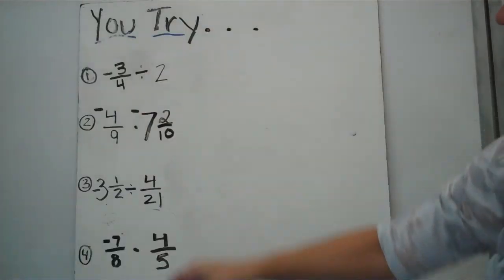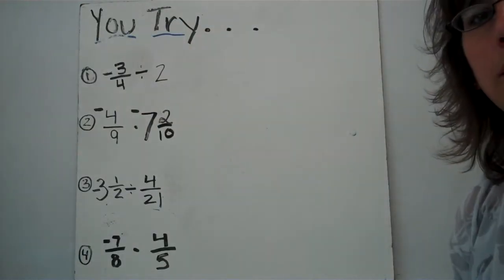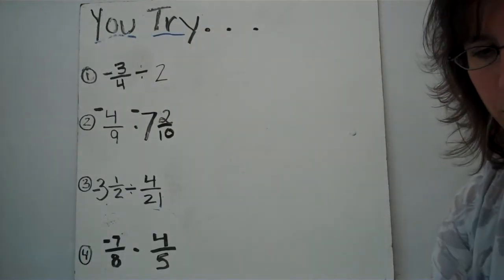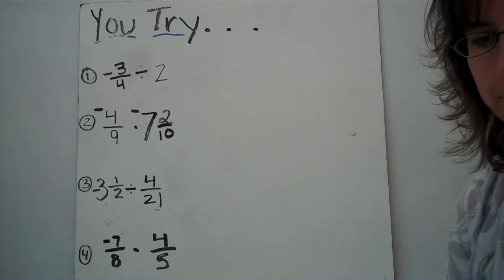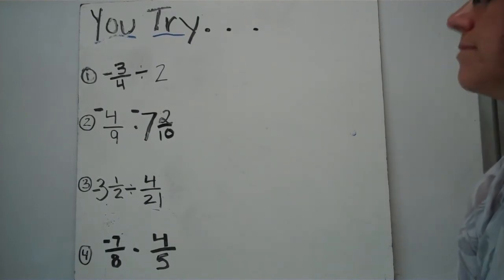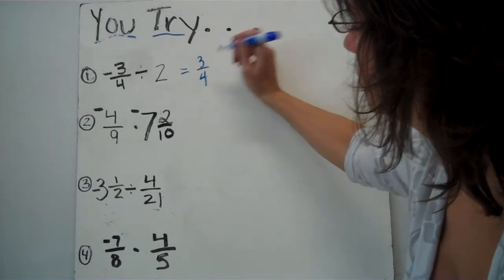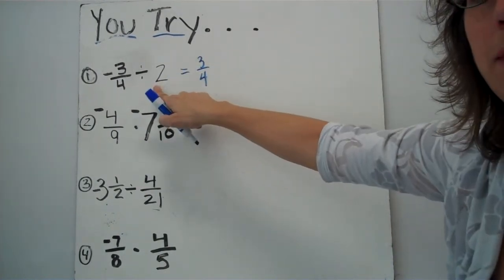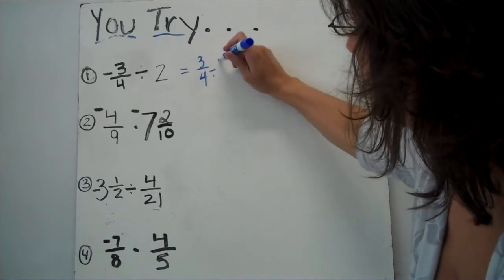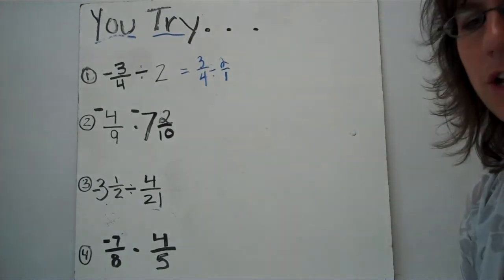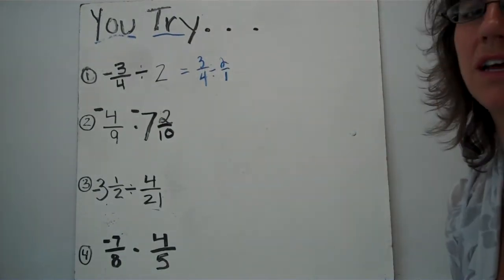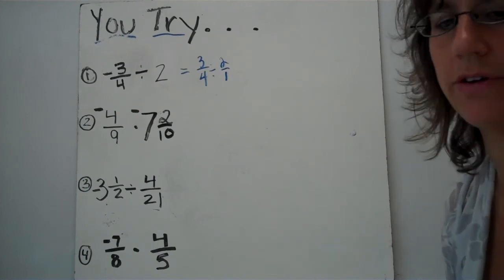All right, here's some problems for you to try on your own. Go ahead and jot them down, work them out, and then come on back and I'll go over the answers. And you can see how you did. All right, here's how we do this. Do you remember what to do with that 2? How to make it a fraction? Notice I'm not copying the signs here because the signs really don't come into play until the very, very end.